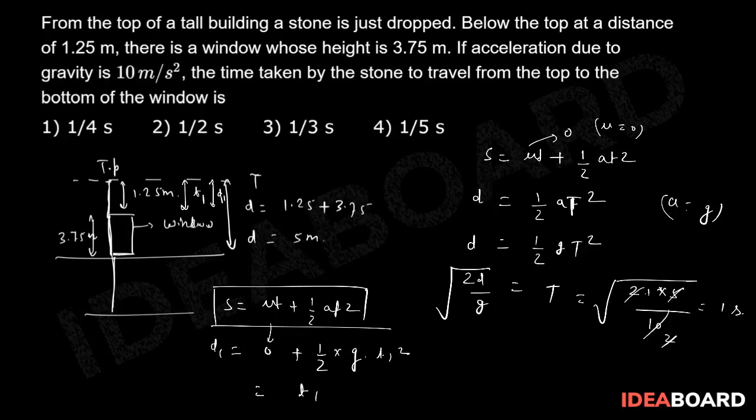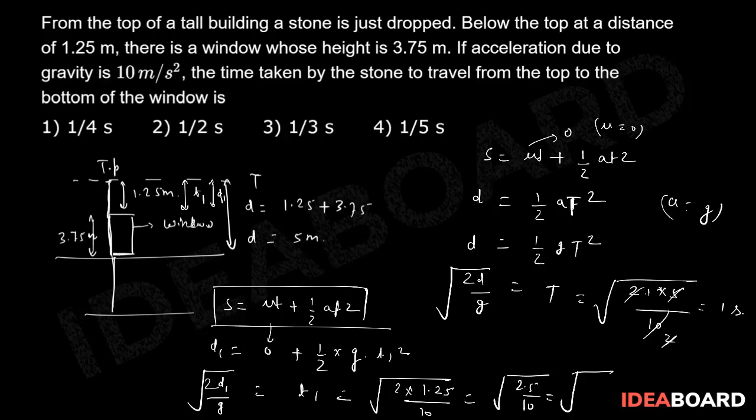So from here T1 will be equal to under root 2D1 by G. If you solve this, 2D1 is 2.5 by 10. So this is equal to under root of 5 by 2 into 10. So from here T1 will be equal to 1 upon 2 seconds.